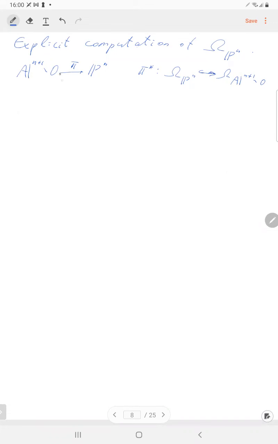So this pi is a torsor with respect to the multiplicative group, which we used many times already.